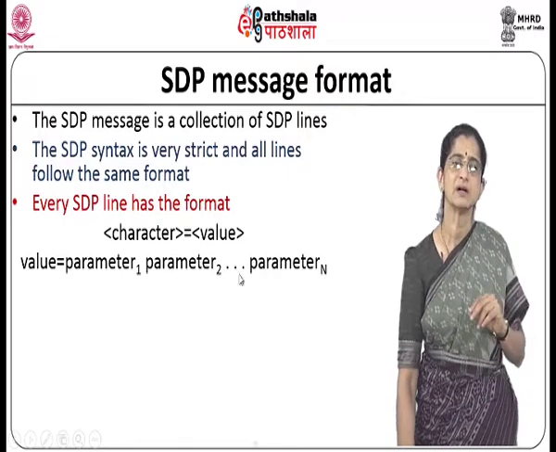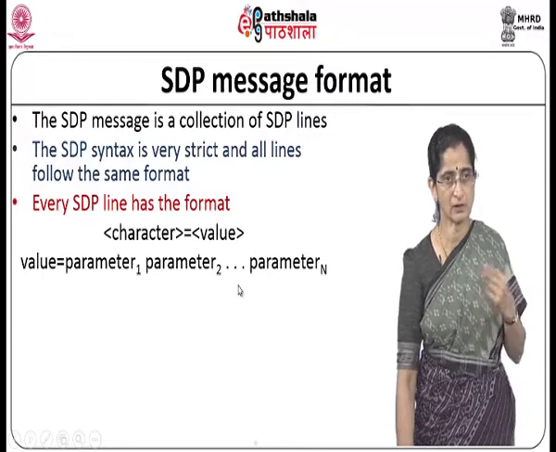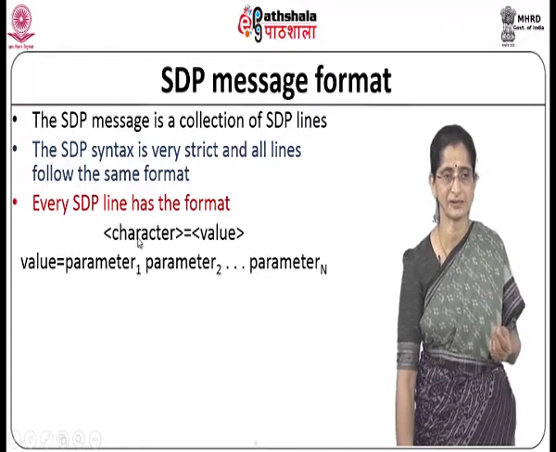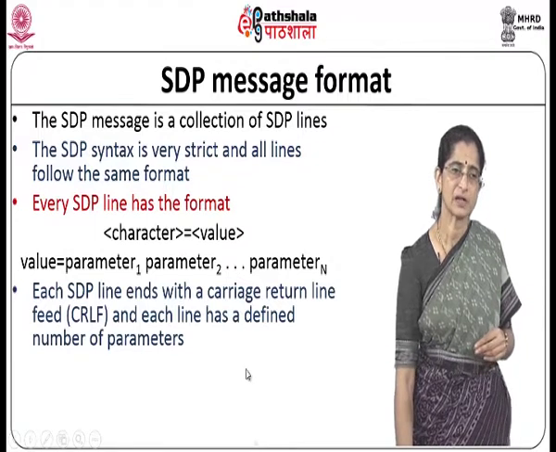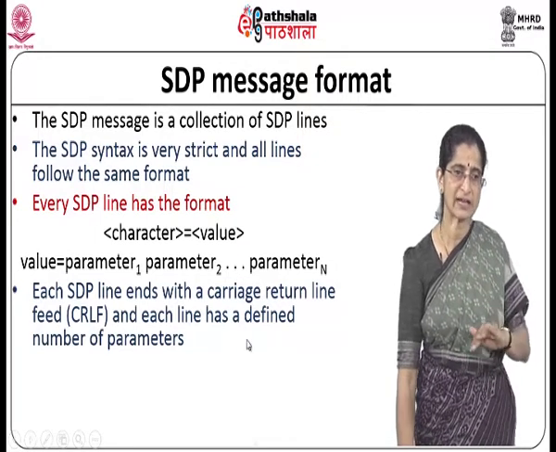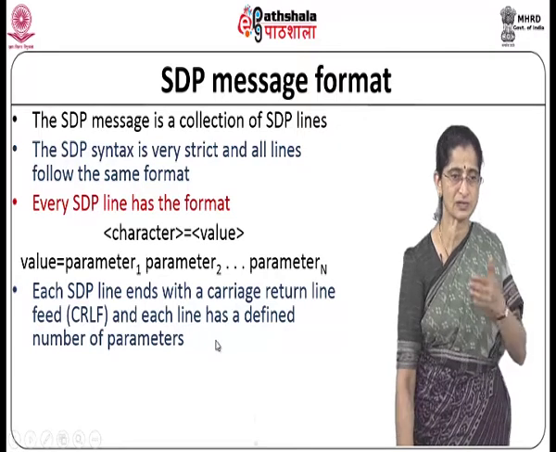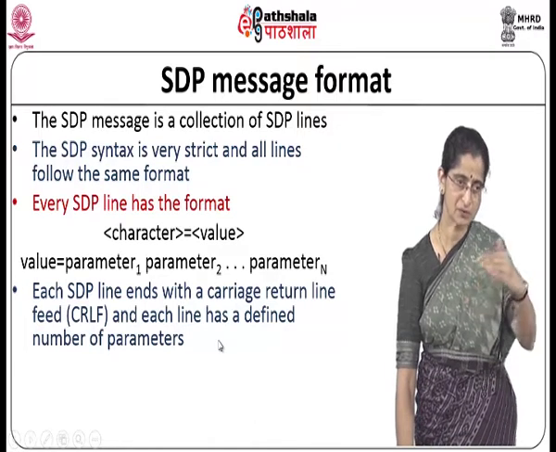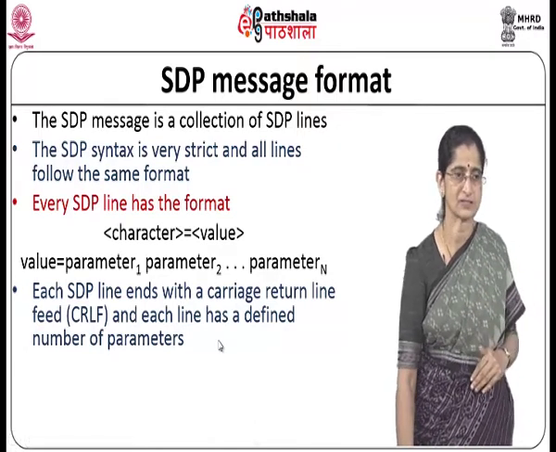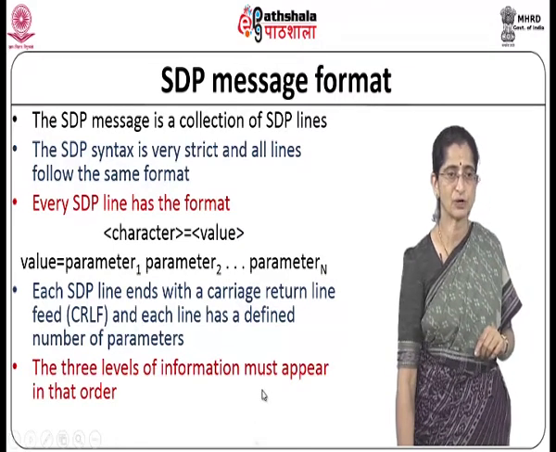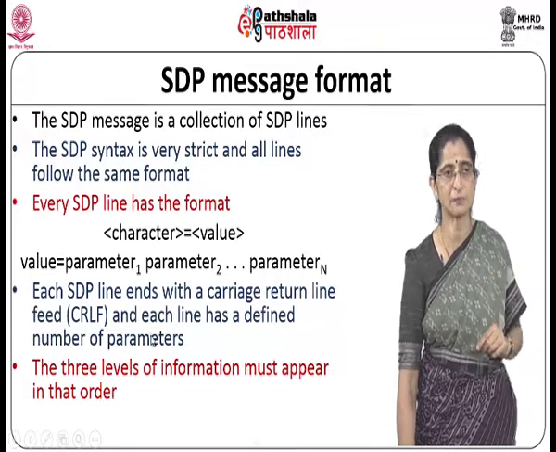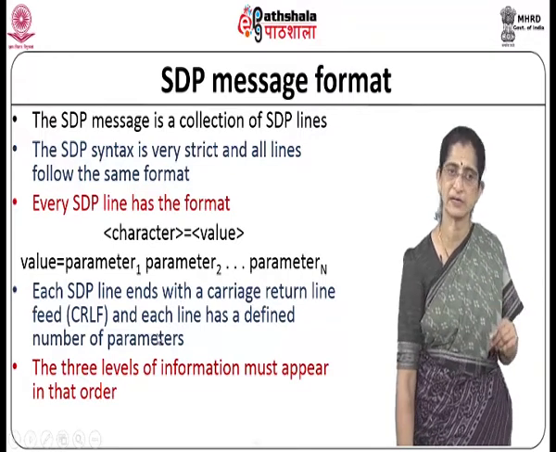The parameters will vary depending on what the character is. We will take a look at that in more detail. Each SDP line ends with a carriage return line feed, so that you have a distinction between the different lines. And the three levels of information that we talked about should appear in that particular order. That also is mandated by the SDP syntax.